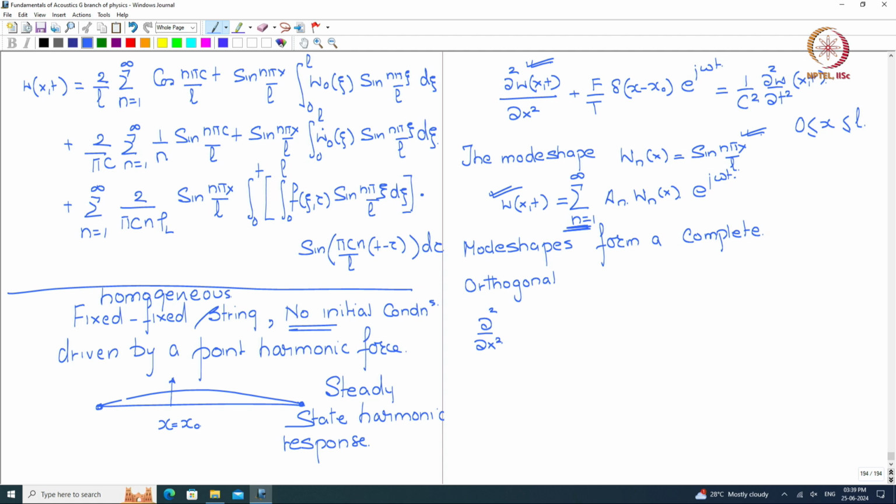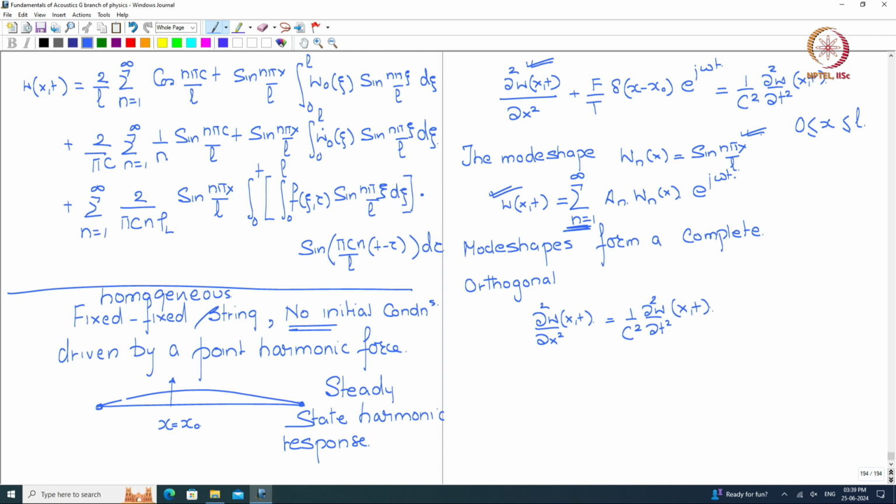I just want to do one simple calculation before that. You might be wondering how I am getting this sine n pi x by L. So suppose I have del 2w by del x square of x comma t, and that is equal to 1 over c square del 2w by del t square of x comma t.